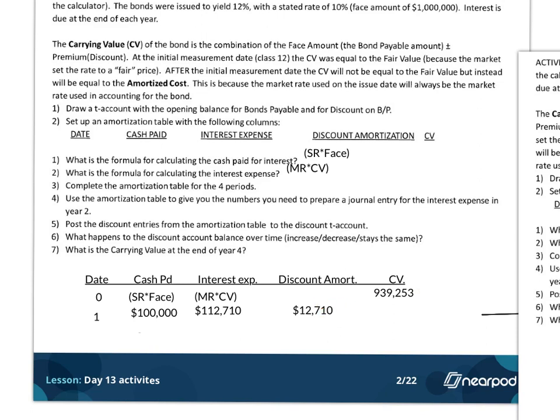When I do that, I get 951,963. I would do the same thing for years 2, 3, and 4. I'm going to do those, and then you can check to make sure your numbers match mine.